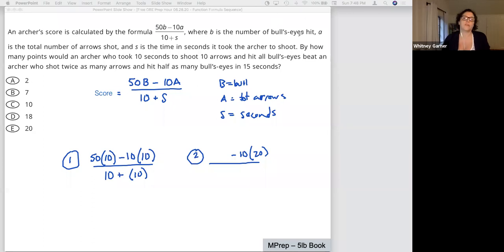Because it says the number of bullseyes hit in terms of the number of arrows shot. So if we shot a bunch of arrows, how many of those landed as bullseyes? If all 10 arrows hit bullseyes, then we had 10. So this person hit half as many bullseyes as the first guy. So he only hit 5. And this all happened in 15 seconds.